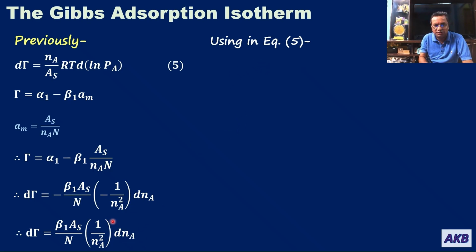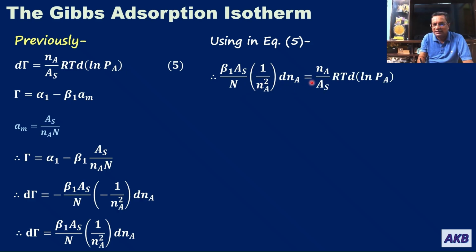Now we are going to use this in equation number 5. So it will be beta 1 into As upon N into 1 upon Na square into dNa, that is equal to Na upon As into RT into d ln of Pa. Now the differential of ln of Pa is 1 upon Pa into dPa.